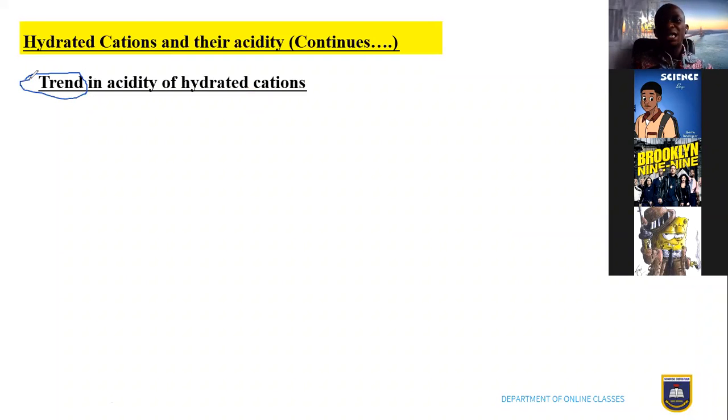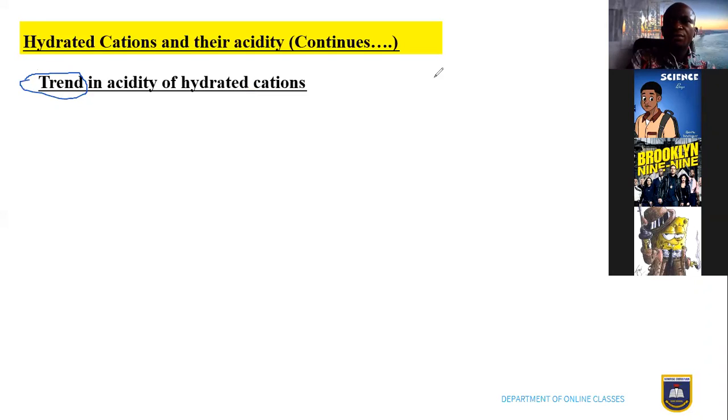Account for the trend in atomic size across the period and down the group. Periodicity is where you come across this word a lot. The hydrated cations, we can account for their trend in acidity. What that means is, can we tell whether one hydrated cation is more acidic than the other? Yes, we can tell that. And that's what we want to look at.